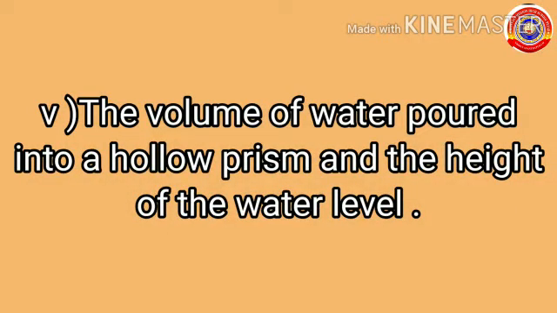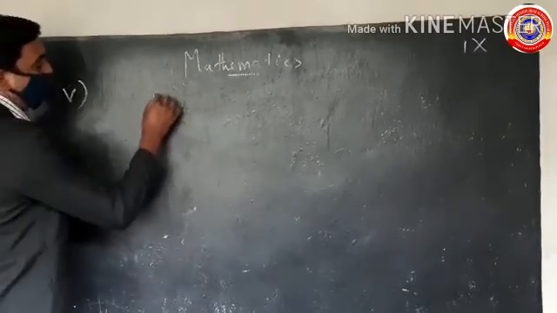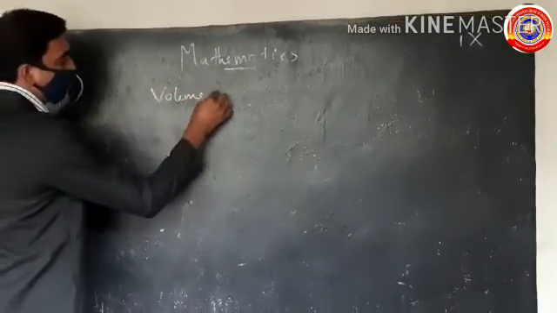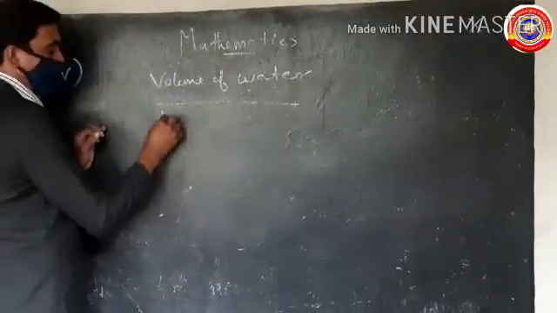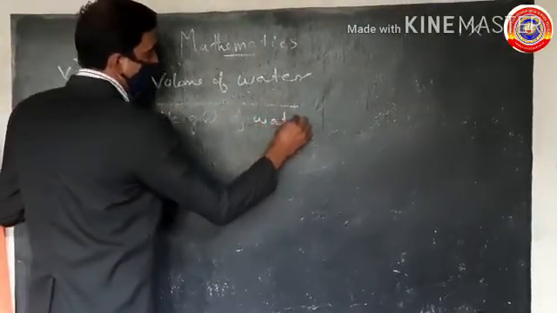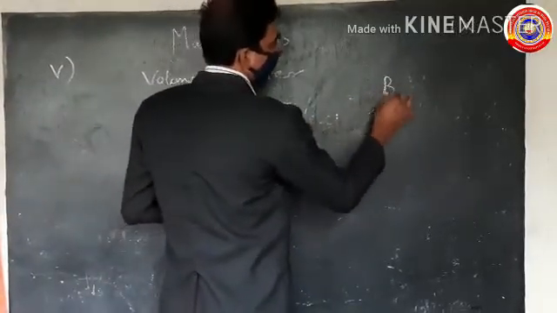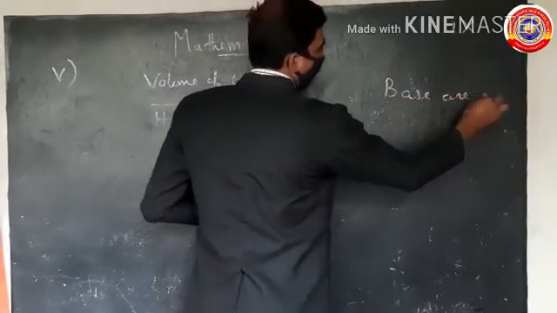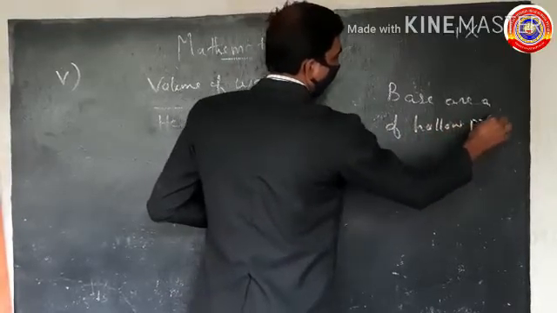Consider the fifth sub-question. The volume of water poured into a hollow prism and the height of water level. Let's start. In it, the relation is volume of water by height of water level, which is equal to the base area of the hollow prism.